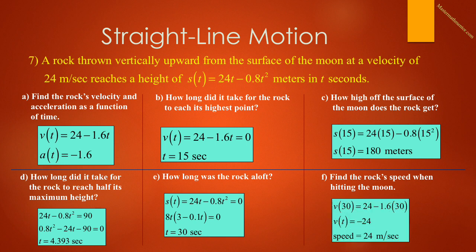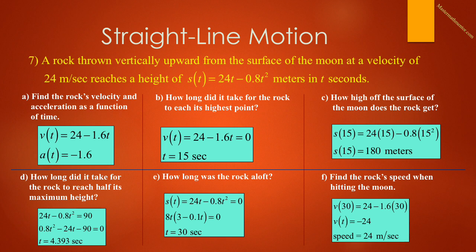E asks how long was the rock aloft? So we take the S formula and are interested where S is equal to 0. 24t minus 0.8t squared is equal to 0, and we get 8t times the quantity 3 minus 0.1t is equal to 0.